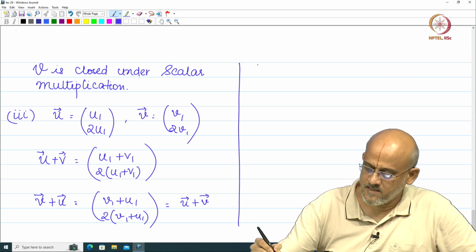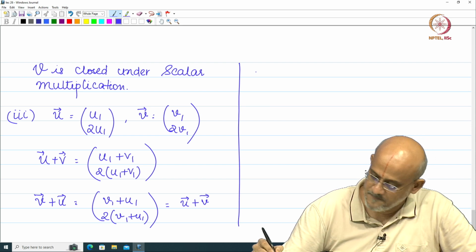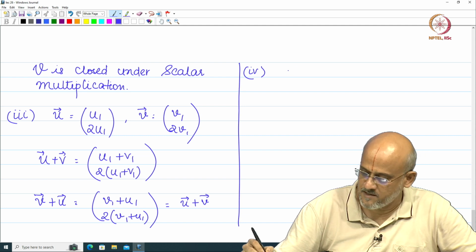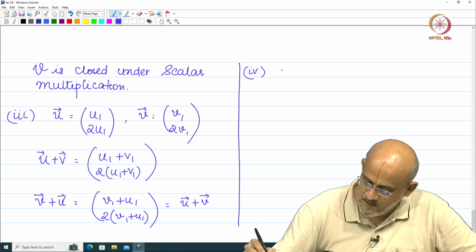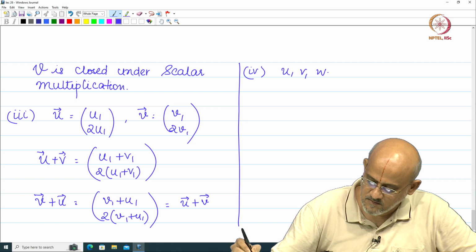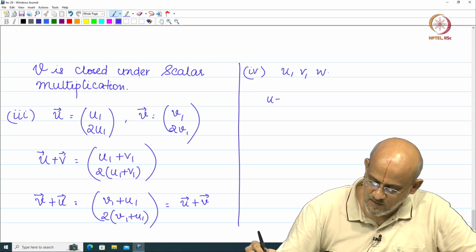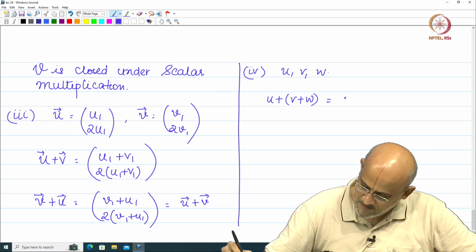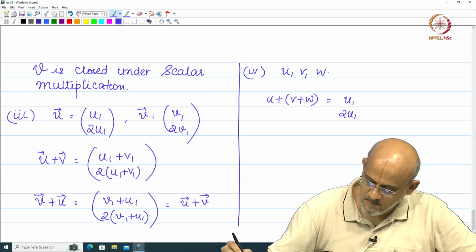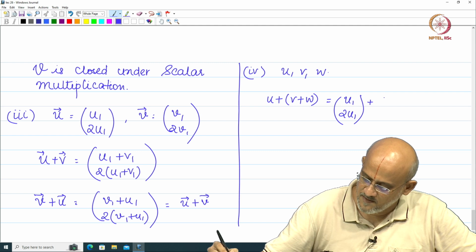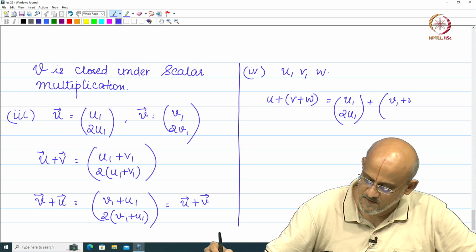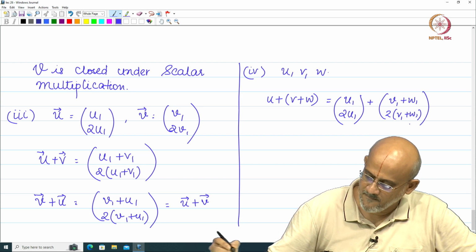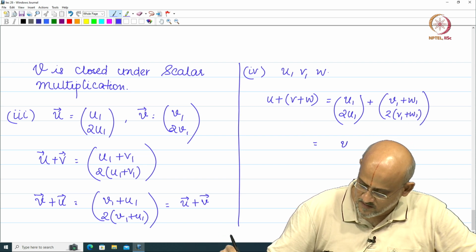You can look at all these things. Now let us look at whether associativity and other properties hold good. Let us take u, v and w. We are going to look at u plus (v plus w), which is basically (u1, 2u1) plus (v1 plus w1, 2 times (v1 plus w1)), where I am going to use vector addition.